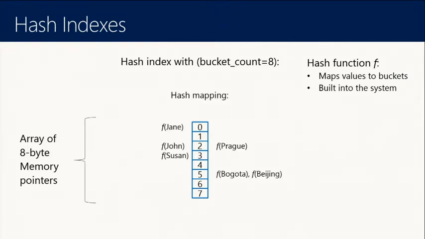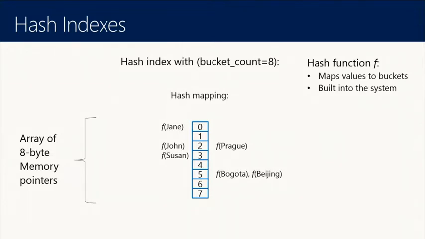If you have strings, for example, this could be an example mapping. This is just an illustration. I'm not sure if the actual mapping looks like this, but for the sake of argument, let's say it does. Jane is mapped to slot 0, Prague and John are mapped to slot 2, Susan is mapped to slot 3, and Bogota and Beijing are mapped to slot 5.